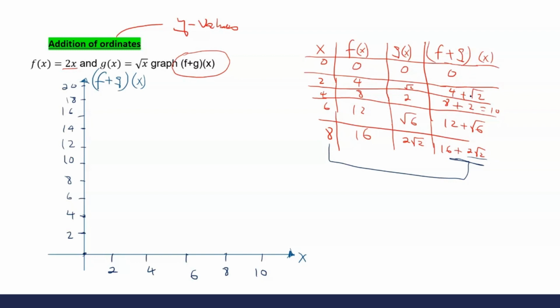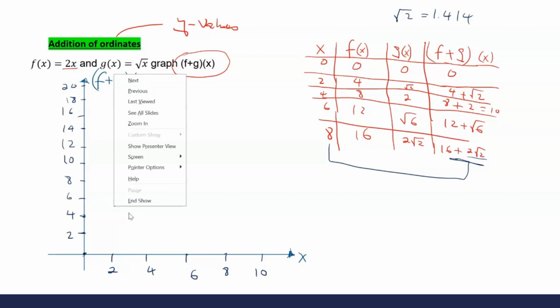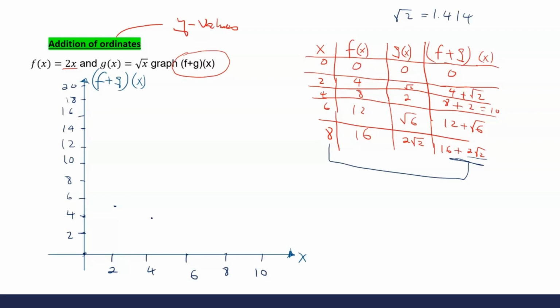When x is 2, that's going to be 5.14, since square root of 2 is roughly 1.14, so it's going to be somewhere there. When x is 4, y is 10, around there.